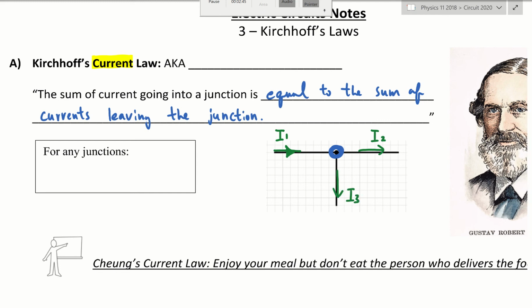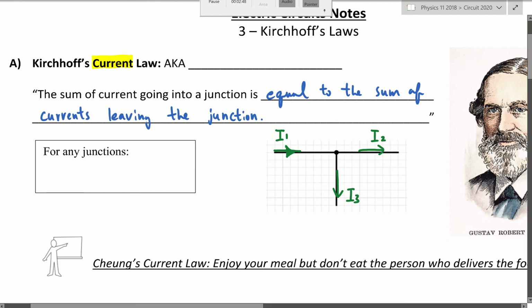So which current is going into the junction? The one that's going in is this one, going into this corner right here. These two are the currents going out of the junction.